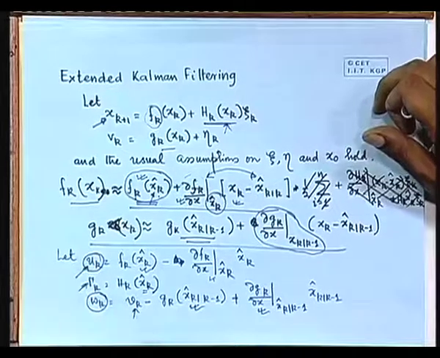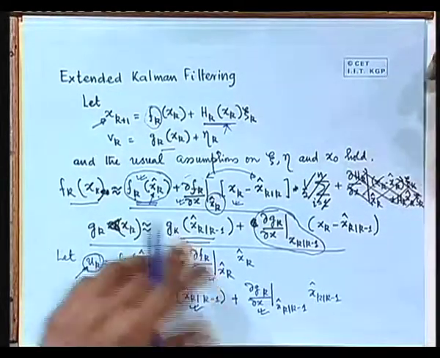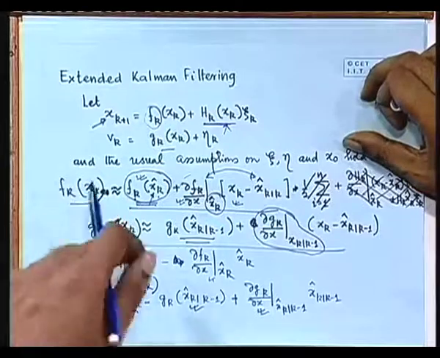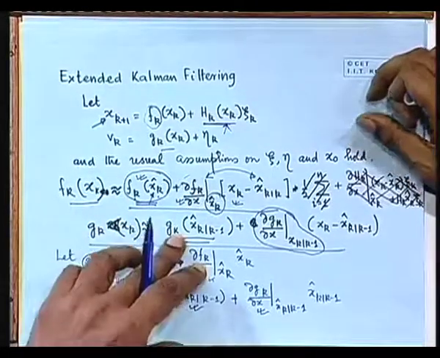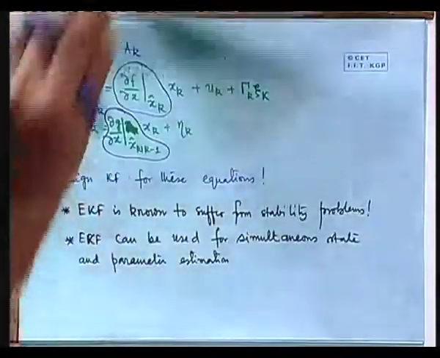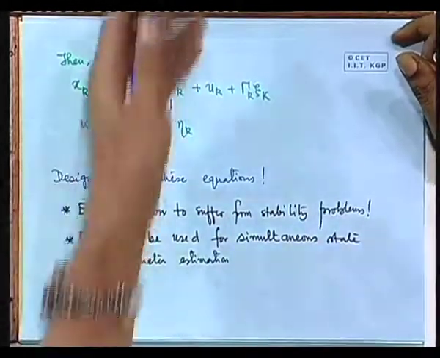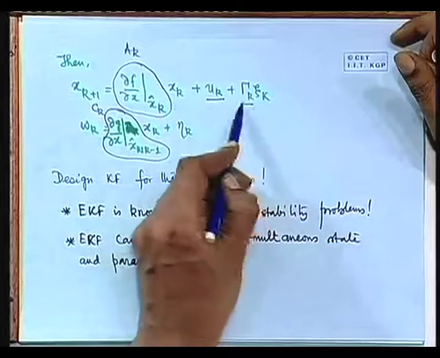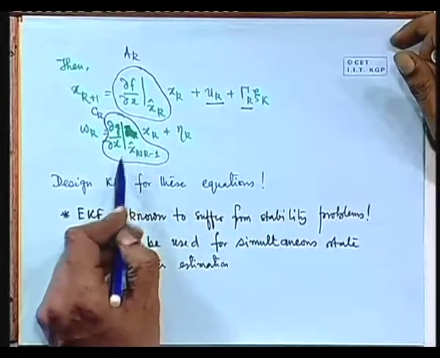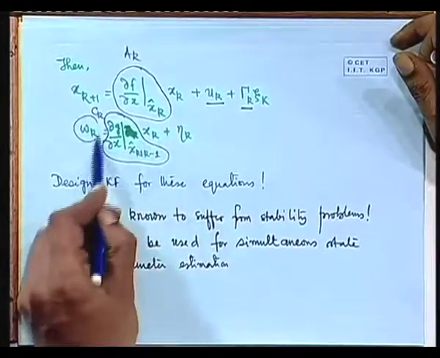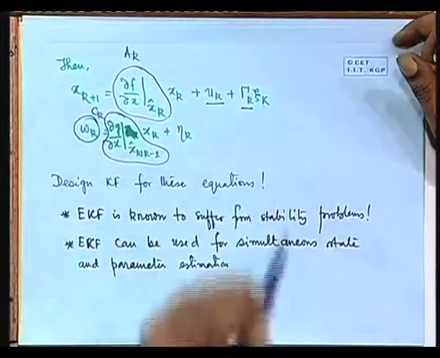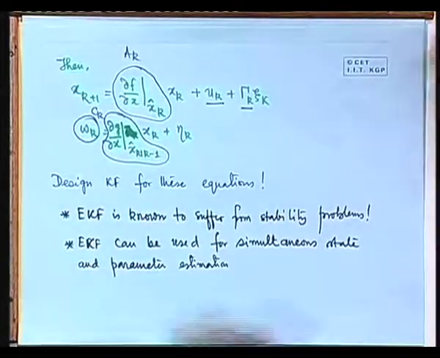Once you have done that, you can write this equation in terms of these and it will become a linear Kalman filter. That is the whole idea. If you write it in terms of this u and gamma and this w, it will become like the known linear Kalman filter.